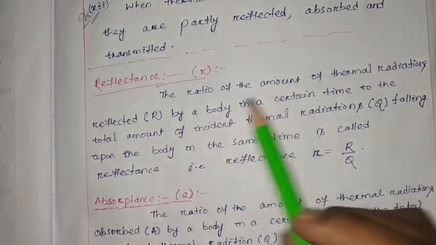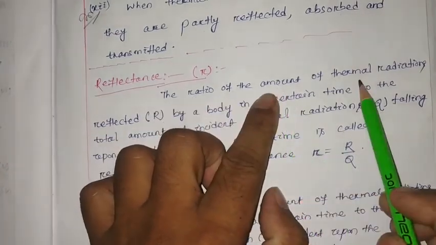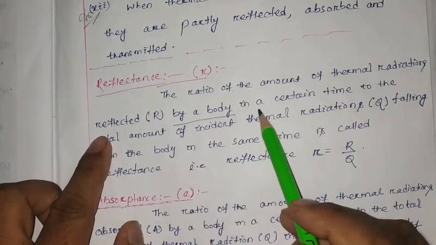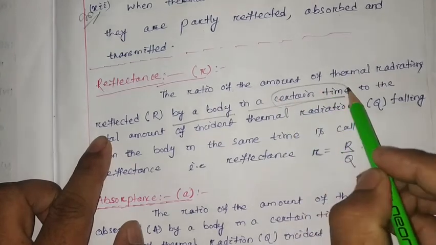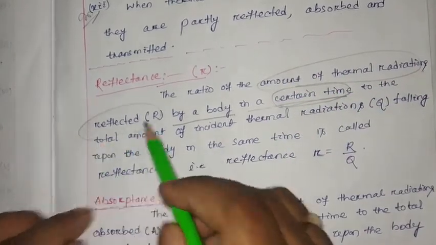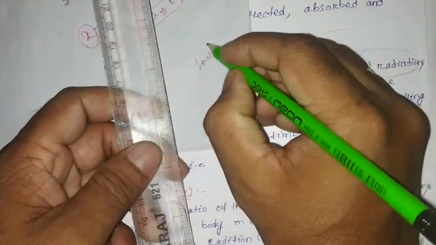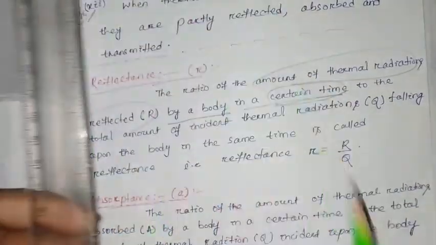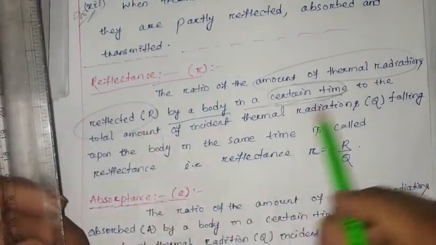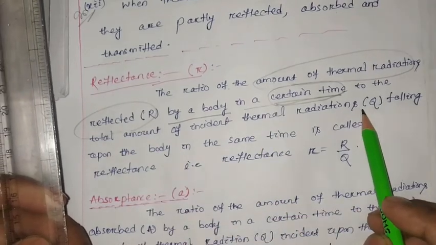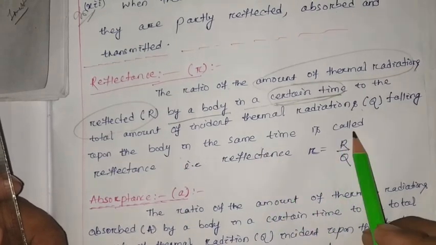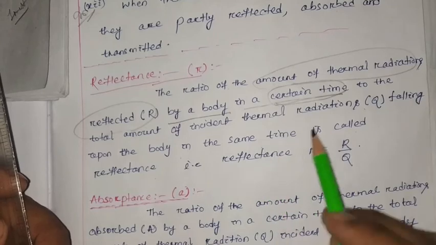What is the meaning of reflectance? It is the ratio of the amount of thermal radiation reflected by a body in a certain time, most importantly in a certain time, to the total amount of incident thermal radiation falling upon the body in the same time. Suppose in 1 minute some energy R has been reflected from this surface. That is, reflectance r equals R by Q.